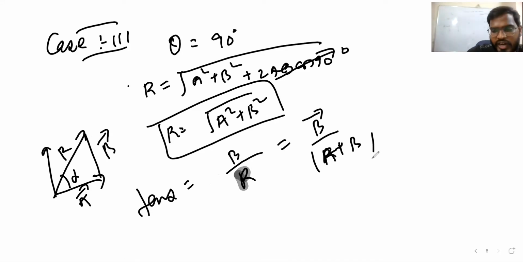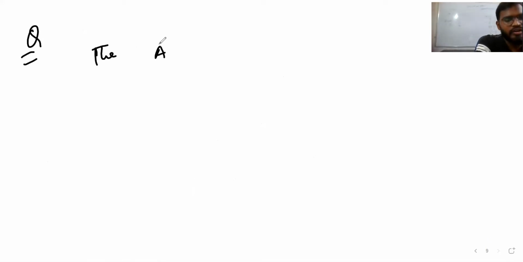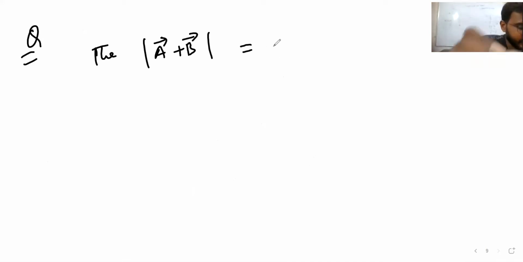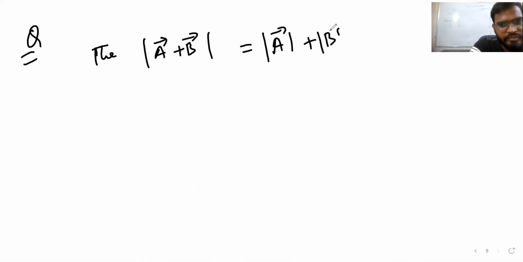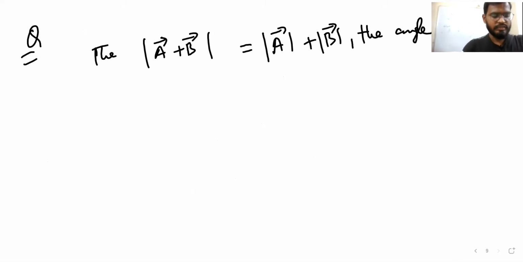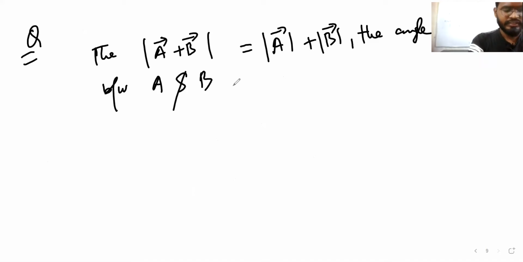Okay, let's see one question now. Last question for today's class. The mod of vector A plus vector B is equal to the mod of vector A plus the mod of vector B. The angle between A and B will be what?